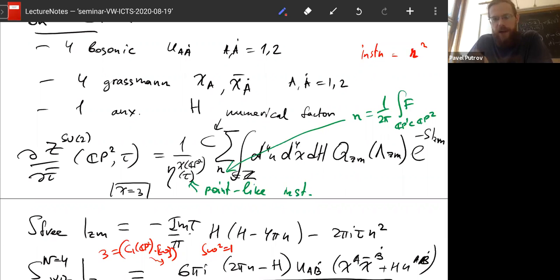One can try to track this in the path integral, but it's hard to track. There's some overall constant that can appear once one goes from the SU2 gauge description to the U1 one.